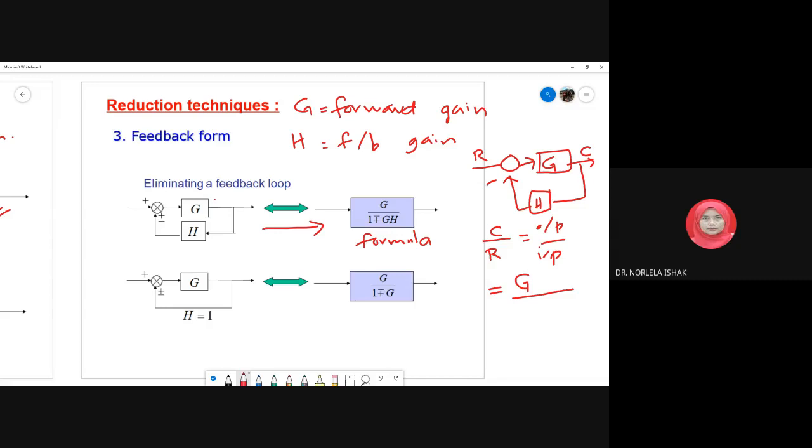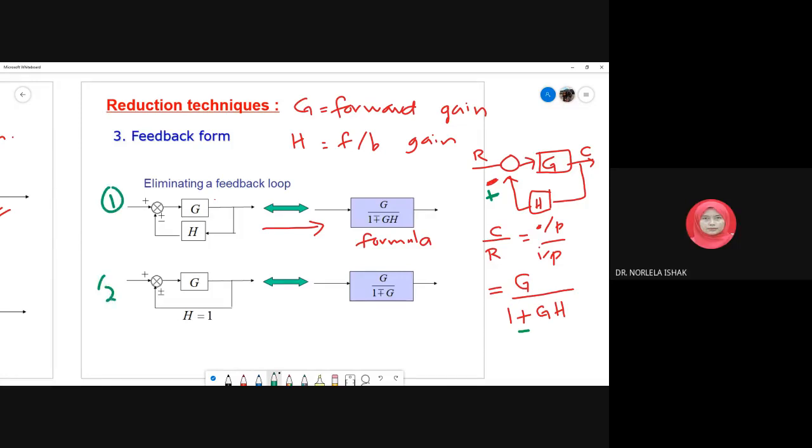Let's say this is a minus, the formula is 1 plus the forward gain G with the feedback gain H. If there is a plus here, you change it and make it minus. Okay, class, can you follow me? Yes. Okay, good.